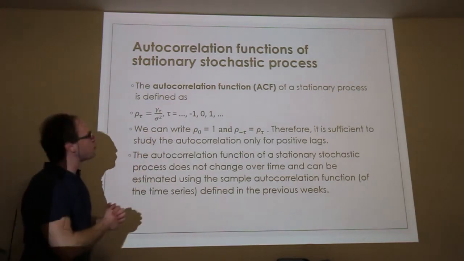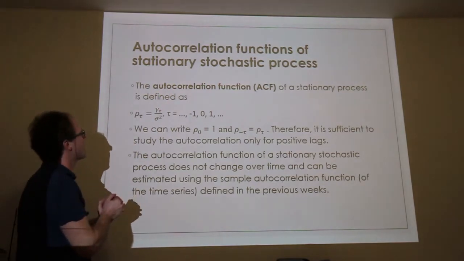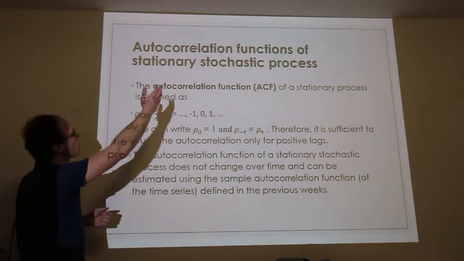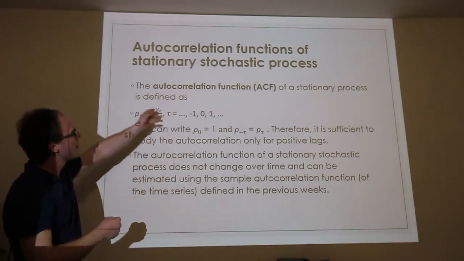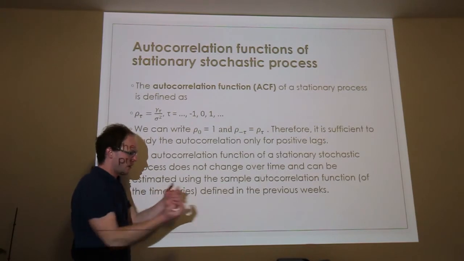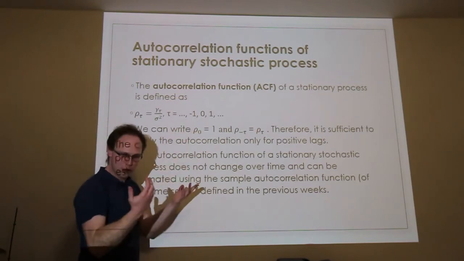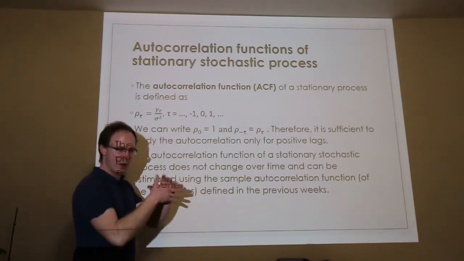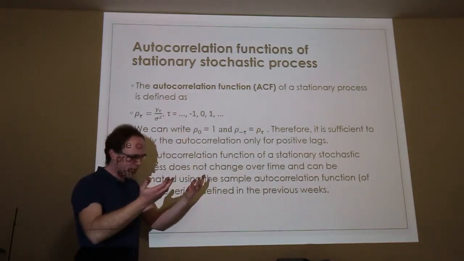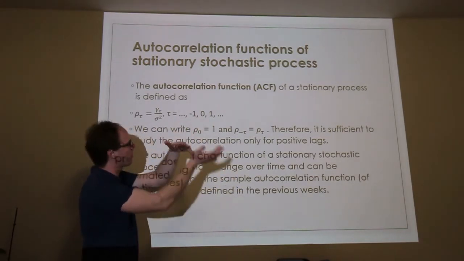We can move to autocorrelation functions of stationary stochastic process. We have already seen before the autocorrelation function, ACF. We know that the autocorrelation function is a series of correlation coefficients, or autocorrelation coefficients, so the values are in the range from -1 to +1, which can be illustrated in a chart, with either positive columns or negative columns.